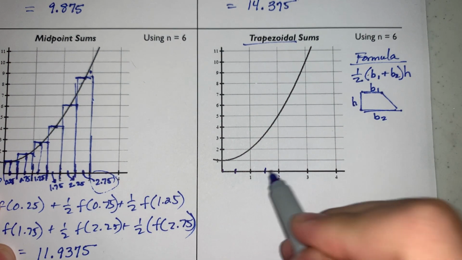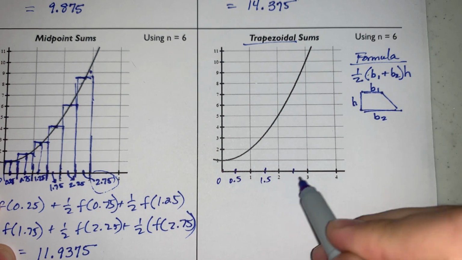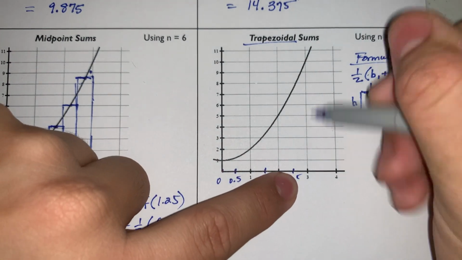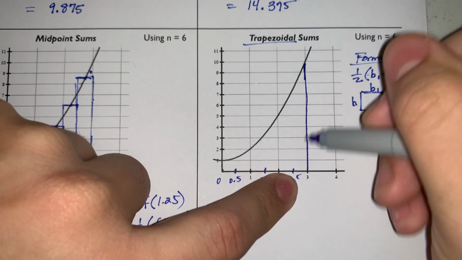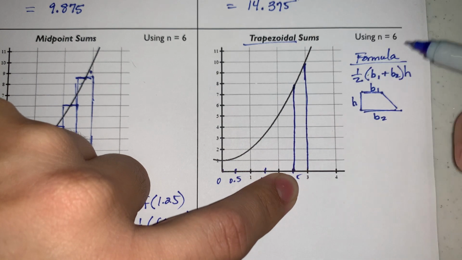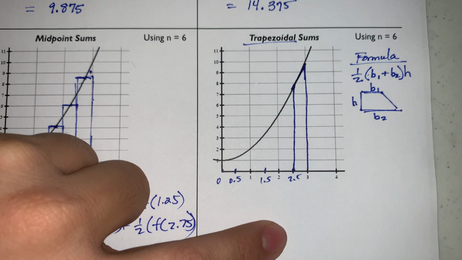So obviously 6 subintervals again, from 0, 0.5, 1.5, 2.5, and all of those. Essentially, to create the trapezoids, I'll use this one because it's easier to see visually. So here's base 1, and then base 2 will essentially be that. And then we just connect those two, and there you go. You have a trapezoid.